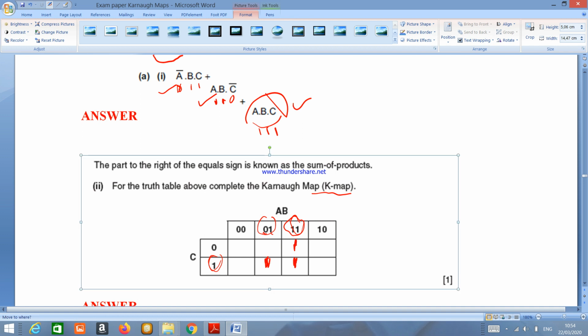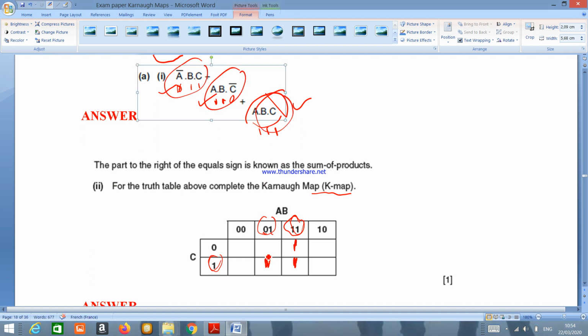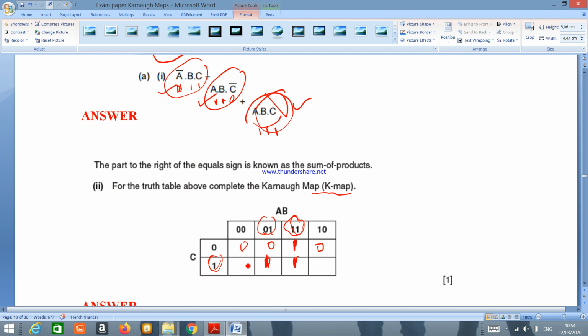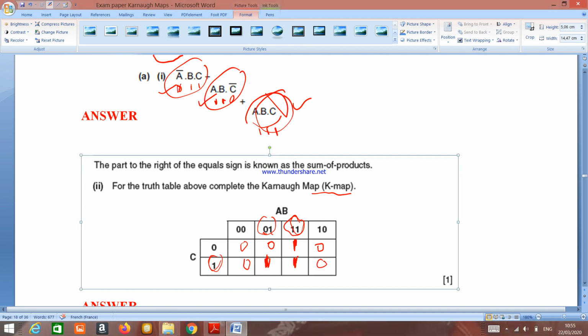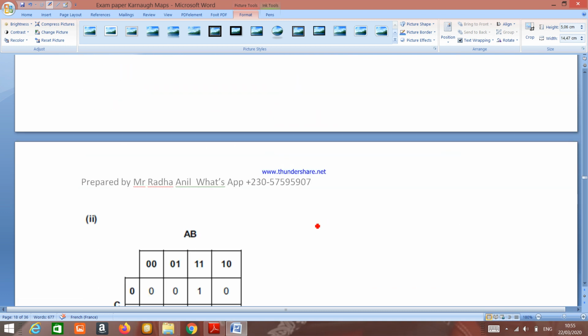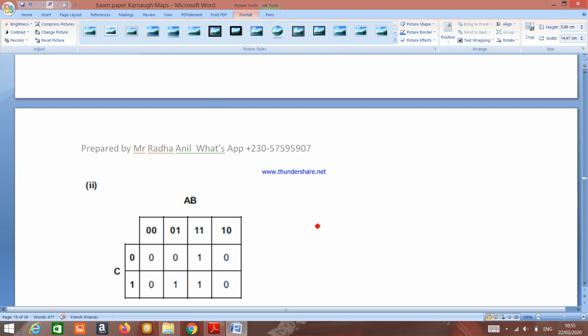So we have 3 ones, 3 terms: 1, 2, 3. The rest we have to put as 0, because it's not a 1. Let's check the answer. The answer given by the Cambridge report is the same.